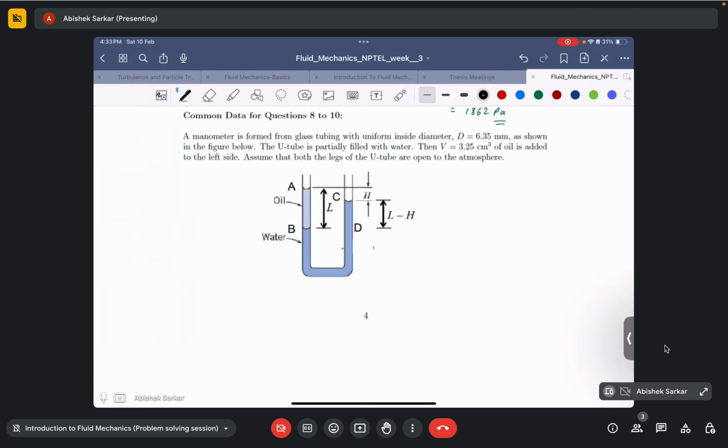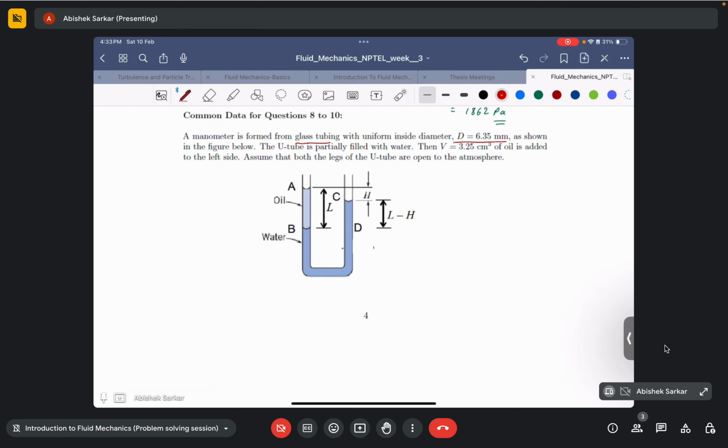So the question is, a manometer is formed from a glass tubing with uniform inside diameter of 6.35 millimeter. The U tube is partially filled with water, and then V equal to 3.25 centimeter cube of oil is added in the left side.